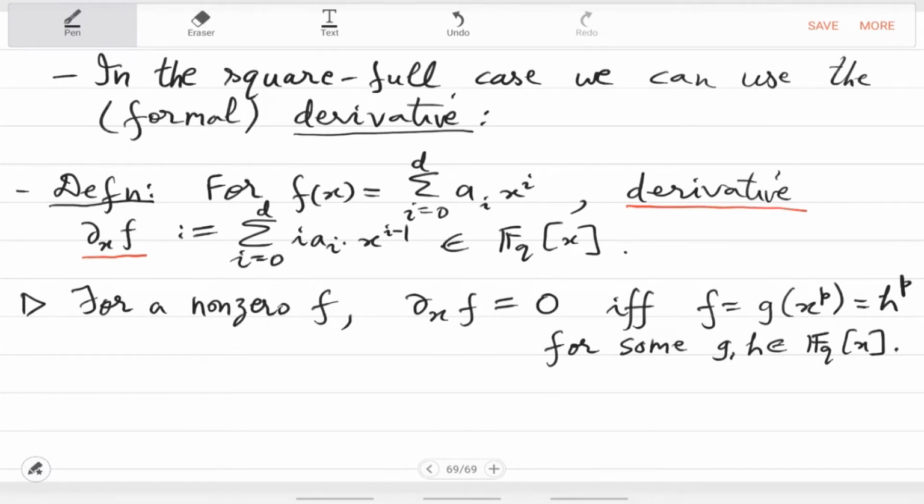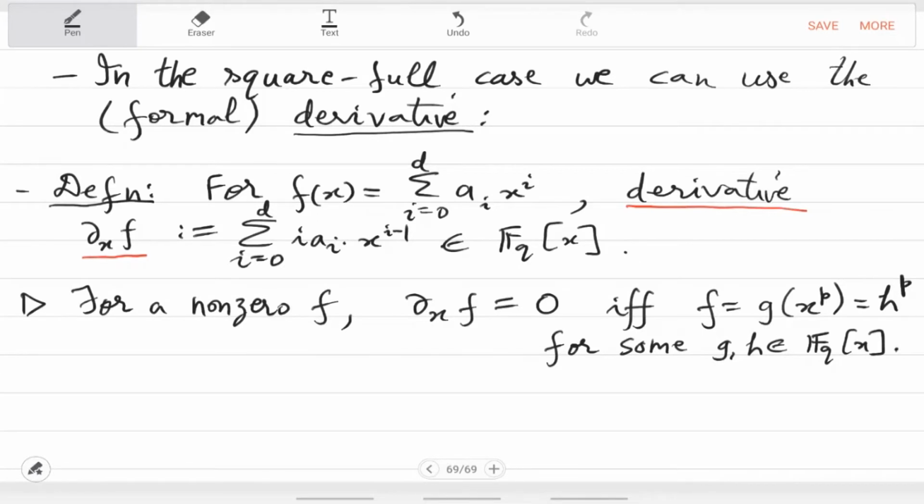It is in one-to-one bijection with the representation of f. So every i is a multiple of p and hence i times a_i will vanish. So one side is clear, the other side is a similar proof.